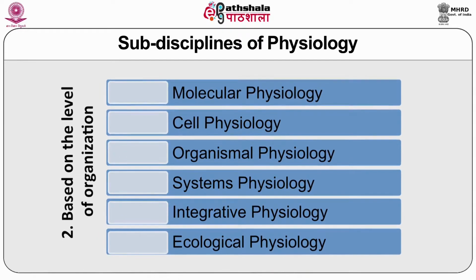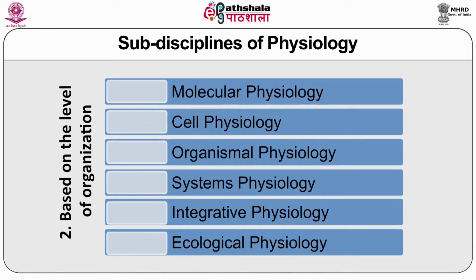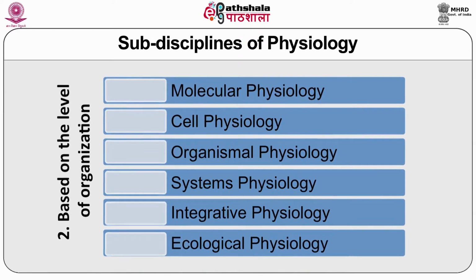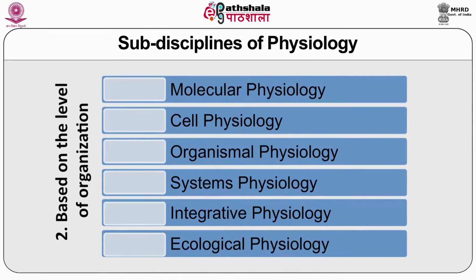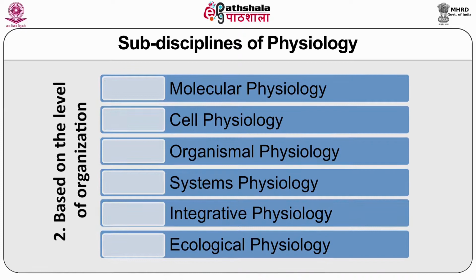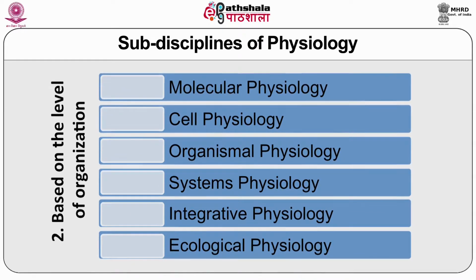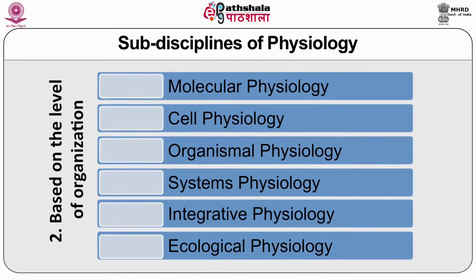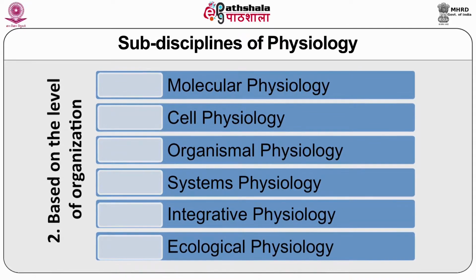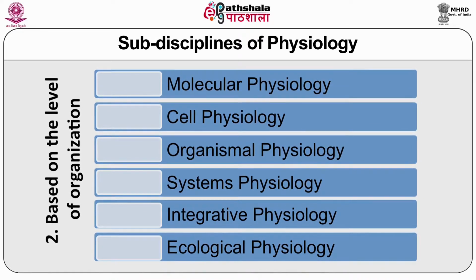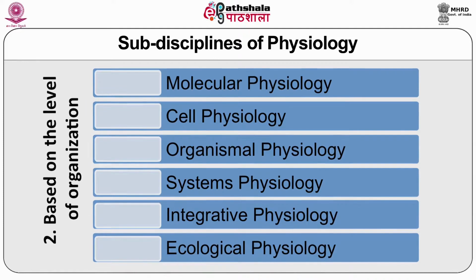In a similar way, when you study systems where several organs are connected, it is called systems physiology. When all systems are integrated into one, it is called integrative physiology, and when we study the function of organisms in an ecosystem, it is called ecological physiology.